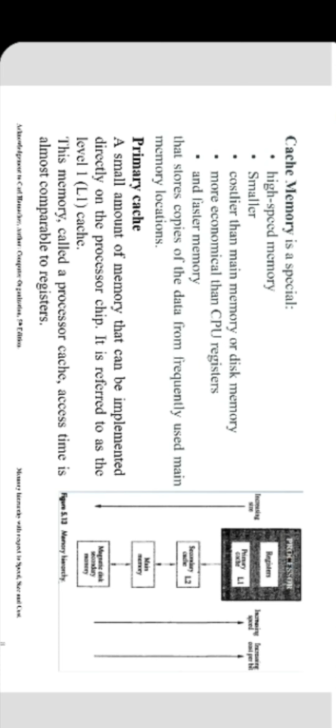So primary cache means the cache memory which is present on chip with the processor. It is the L1 level of cache. So it is almost equal to registers in speed, but less costly when compared to registers.